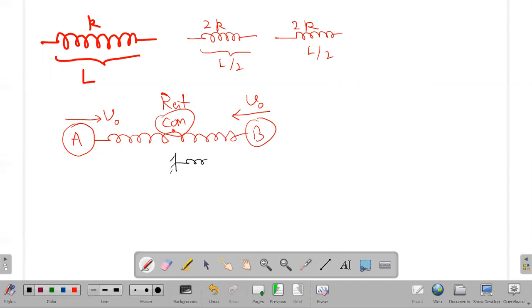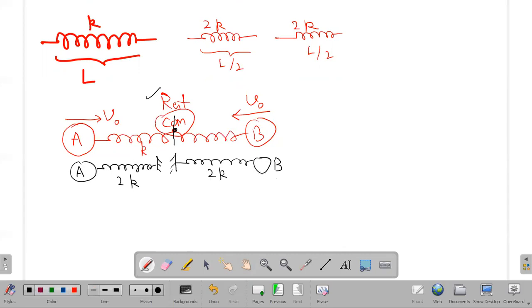Block B is oscillating under a spring of constant 2k, and also block A is oscillating under a spring of constant 2k, because they are oscillating by half of the spring. So you can divide the whole spring into two portions, and separately think of the oscillation of B and of A under two different springs of similar constants, but they are 2k, not equal to the previous spring constant k.